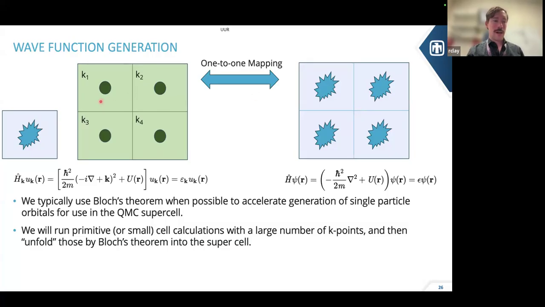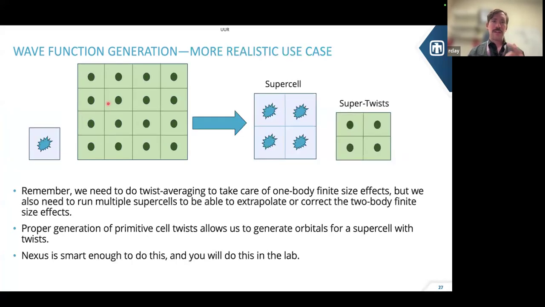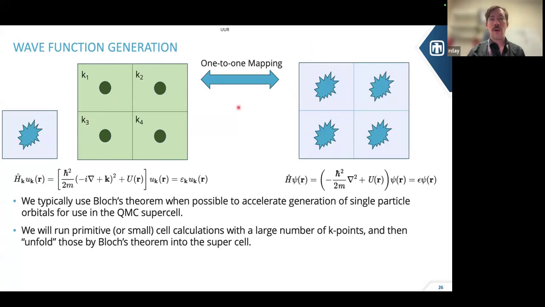So this is what we typically do, and this is what's going to be done in the lab. Nexus is smart enough to do this pretty seamlessly, and this particular workflow is also something you could do by hand based on what QMCPACK already supports. But I was already talking about twist averaging, and when we do supercell extrapolations, this is overly simplistic.